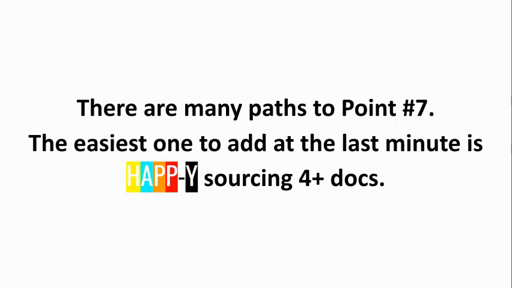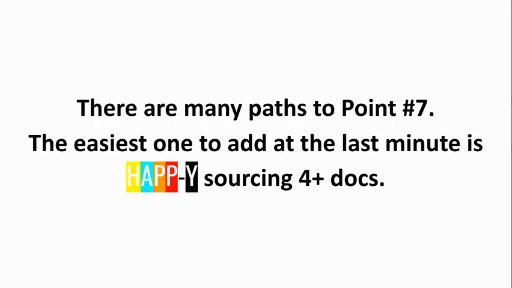Some of them, for instance using all of the documents, require planning from the very beginning. However, this is one path to the 7th point that doesn't require really advanced planning. It's a very opportunistic path, and that is doing happy sourcing for 4 or more documents. I already recommended you try it 3 times just for insurance. What if you try it 5 times?